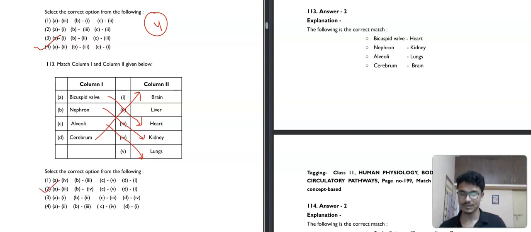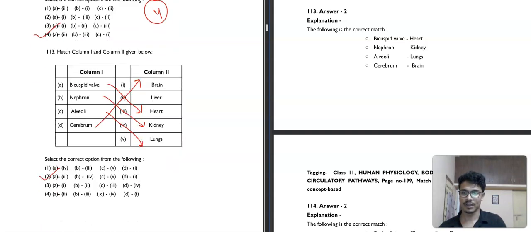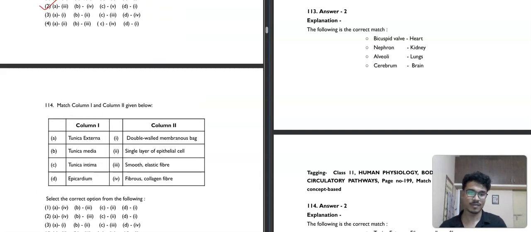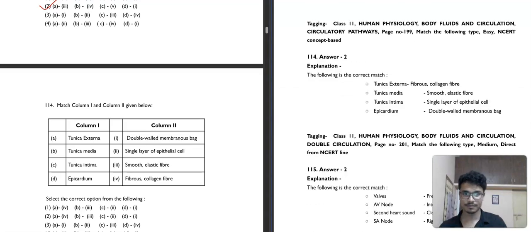Then question number 114. It is also a match the following type of question. So tunica externa, tunica media, tunica intima and epicardium. Blood vessels have three layers. One is externa, the outer layer, then the middle layer, and then tunica intima, the innermost layer. Tunica externa is fibrous collagen fiber.